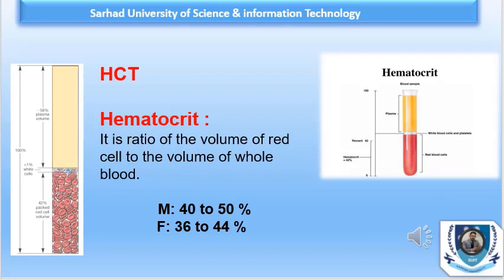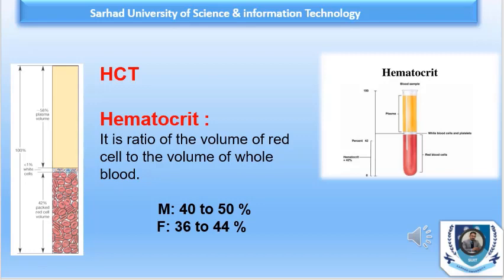Hematocrit, also called PCV, packed cell volume, is the ratio of the volume of red cells to the volume of whole blood. We can say that the hematocrit is the proportion by volume of the blood that consists of red blood cells. The hematocrit is expressed as a percentage.